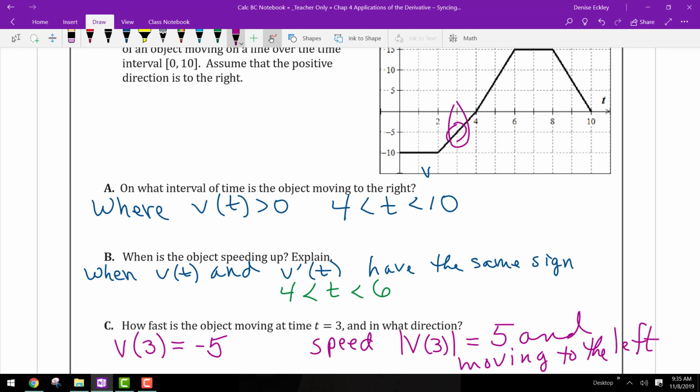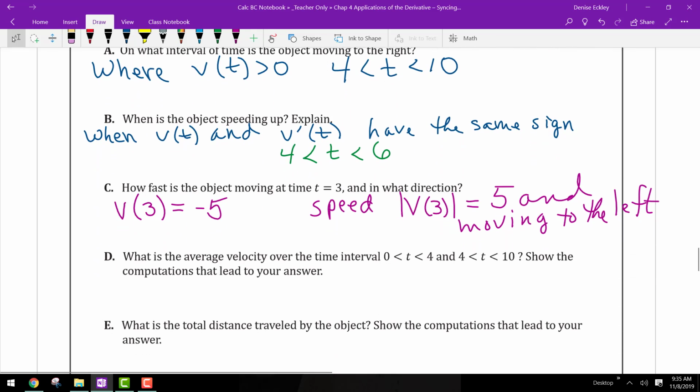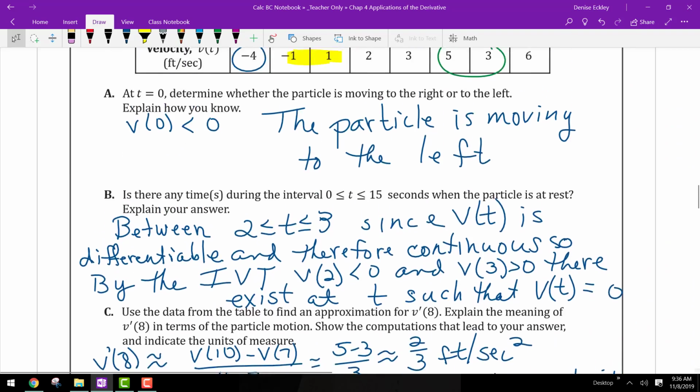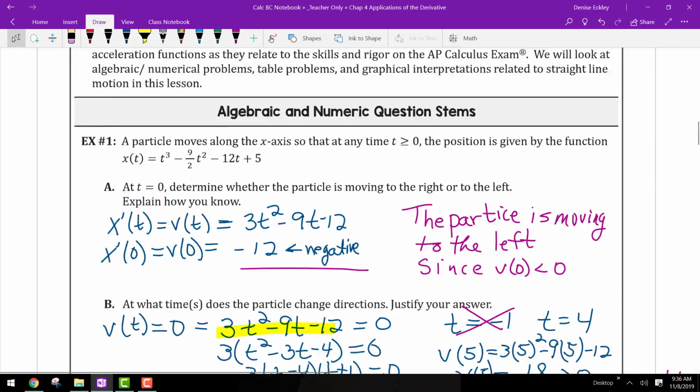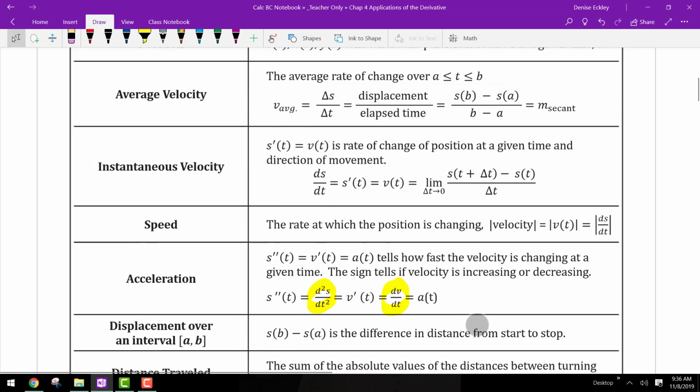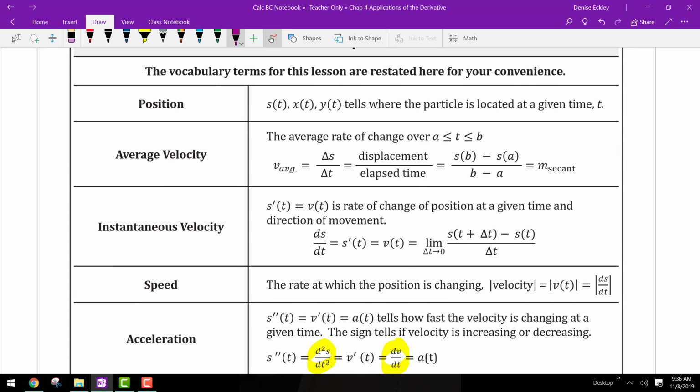All right, next question says, what is the average velocity over the time interval from 0 to 4 seconds and then 4 to 10? Show the computations that lead to your answer. So what we want to remember is on the first page, where we were given our review, that the average velocity is displacement over the elapsed time.